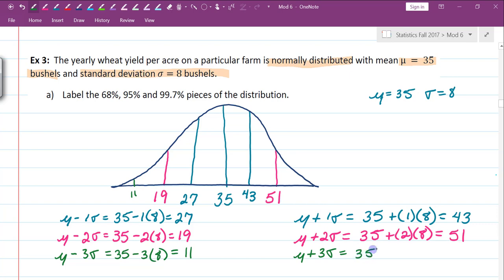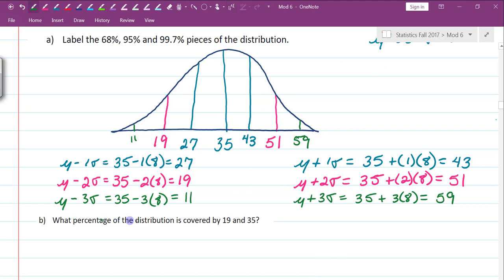That's going to be 35 plus 3 times 8, so that's going to be 35 plus 24, and that's equal to 59. So 99.7% of the fields or the acres of this particular farmer will yield between 11 to 59 bushels of wheat per acre. Okay, so that's our label of our distribution.